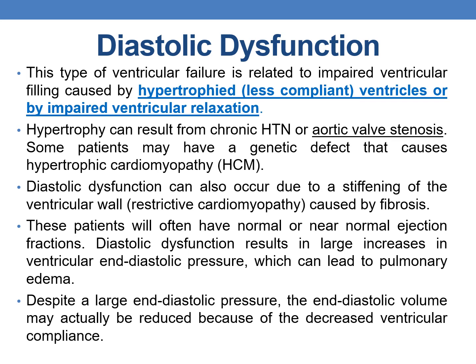Diastolic dysfunction results in a large increase in ventricular end diastolic pressure, which can lead to pulmonary edema. Despite a large end diastolic pressure, the end diastolic volume may actually be reduced because of decreased ventricular compliance.